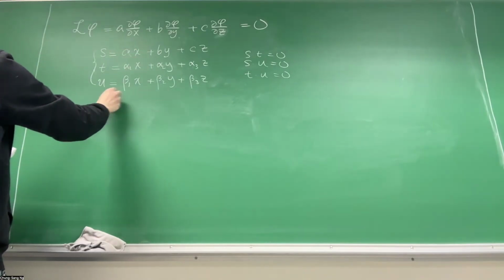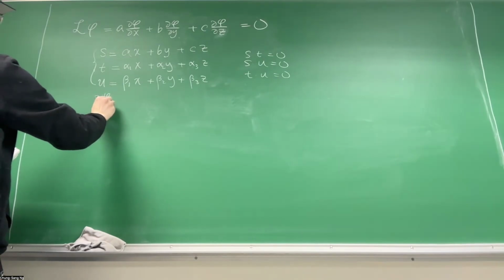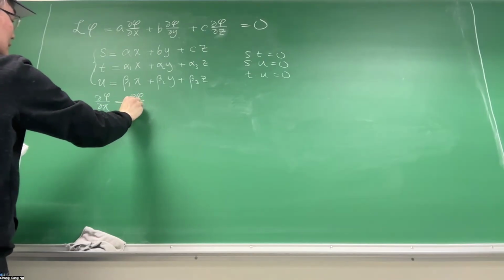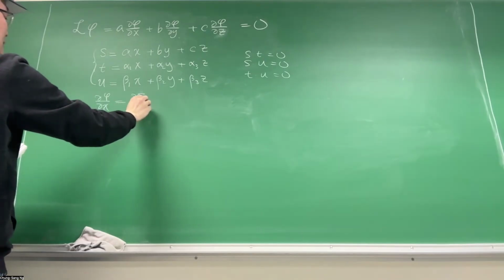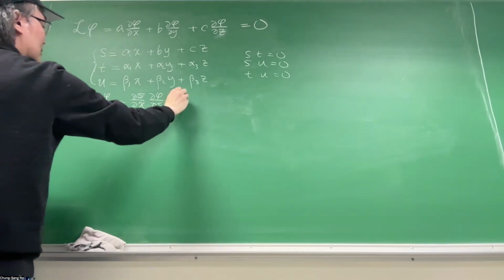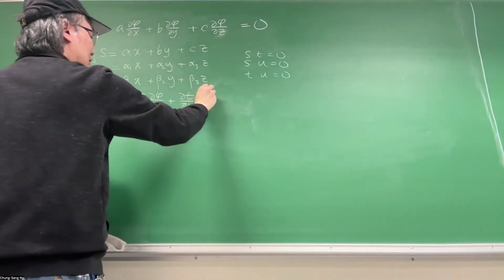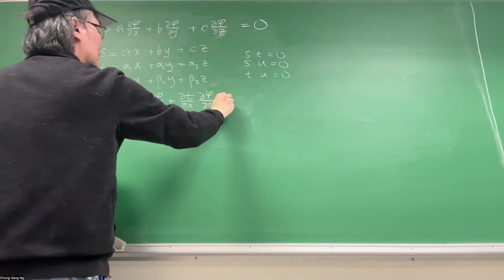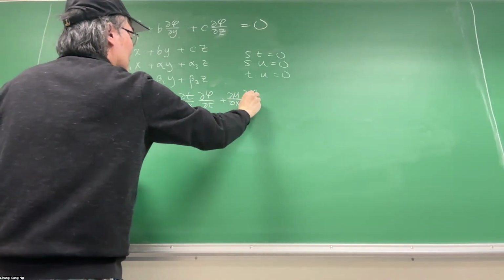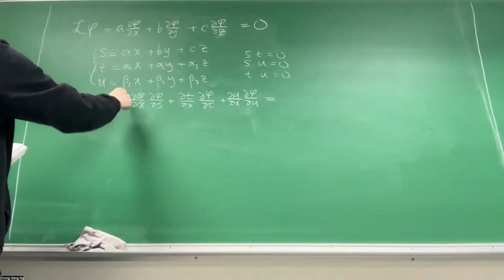So partial phi partial x will be partial phi partial s times partial s partial x, plus partial phi partial t times partial t partial x, plus partial phi partial u times partial u partial x. Then it's just basically this column, right?